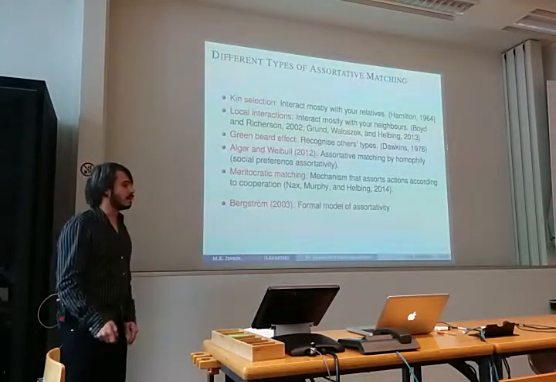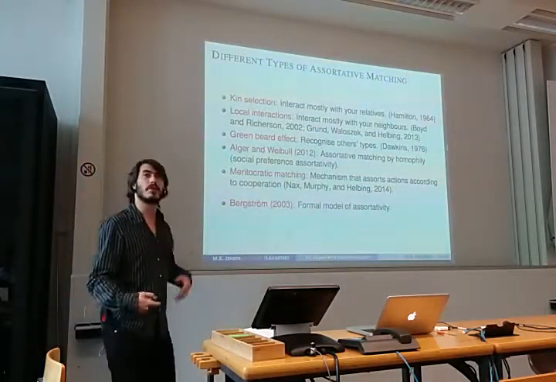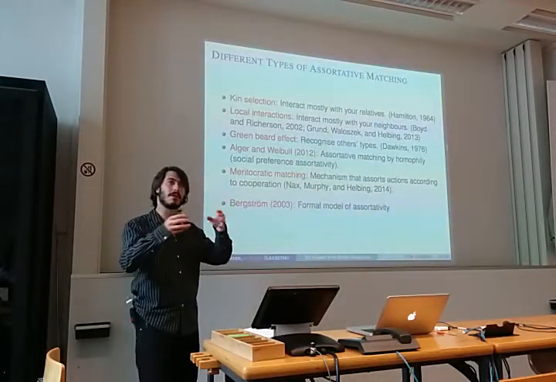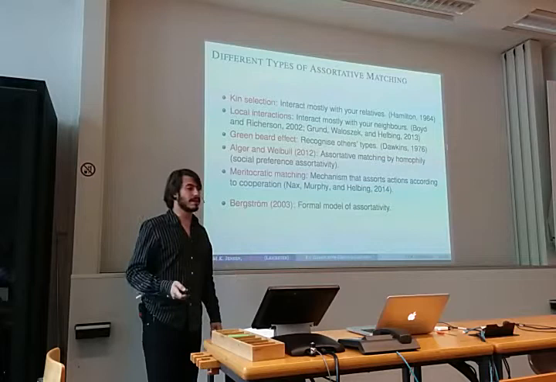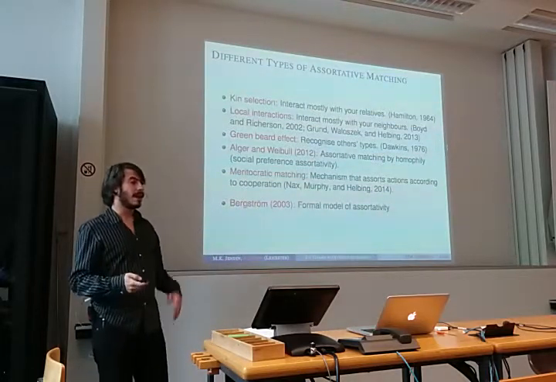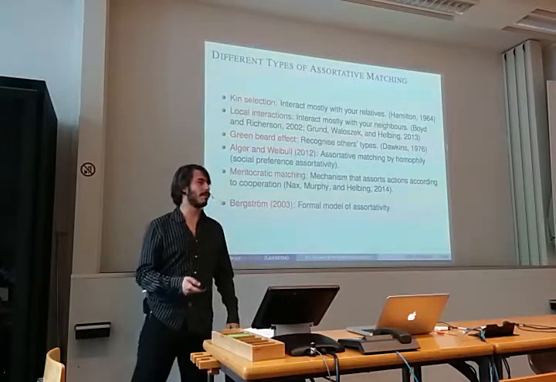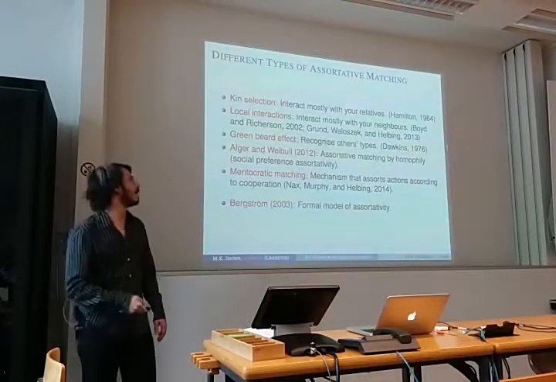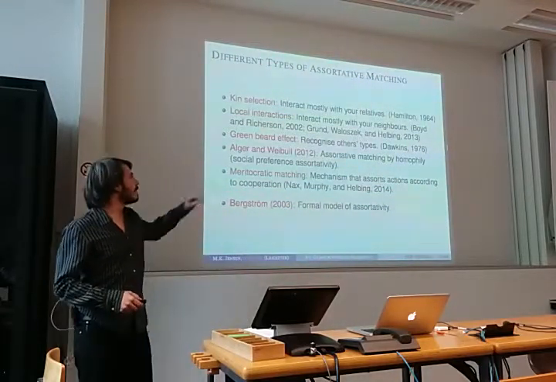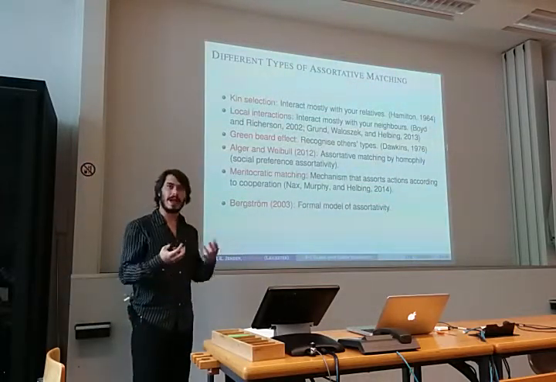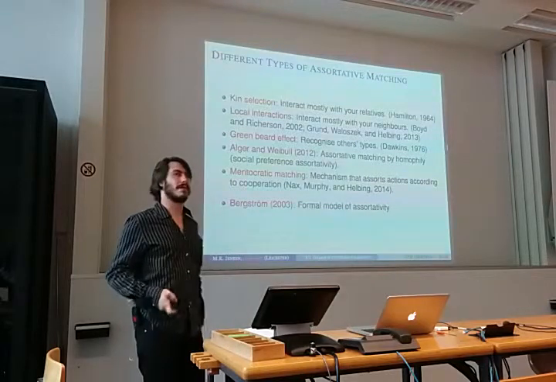Assortative matching can happen because of kin selection, when the environment is such that individuals interact mostly with kin. Local interactions, as in Dirk's model we saw on Wednesday: you have a neighborhood and you mostly interact with your neighborhood, and that can give some kind of assortative matching.